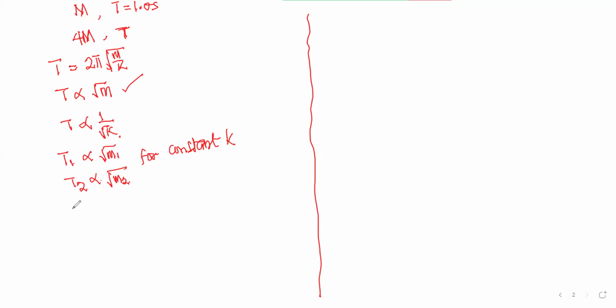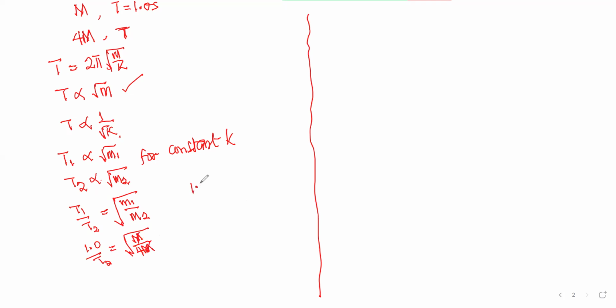Then take the ratio of the periods. T1 over T2 would be equal to square root of m1 over m2. T1, we are told, is 1.0 seconds. T2, we don't know. This is equal to, m1 is capital M, whereas m2 is 4M. So you realize that M will cancel out.